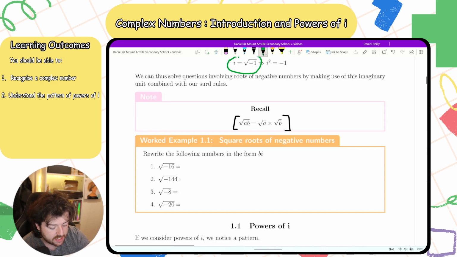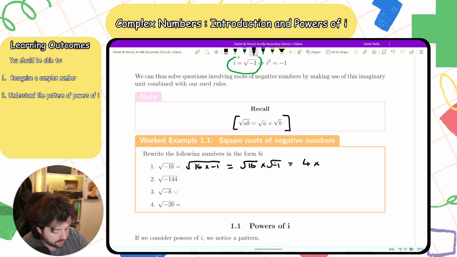I can rewrite the square root of negative 16 as root 16 times root minus 1, because I can write that as root 16 times minus 1. Using the rule, that's equal to root 16 times root minus 1, which is equal to 4 times, and now let root minus 1 be equal to i. So that is equal to 4i, and there is my solution there.